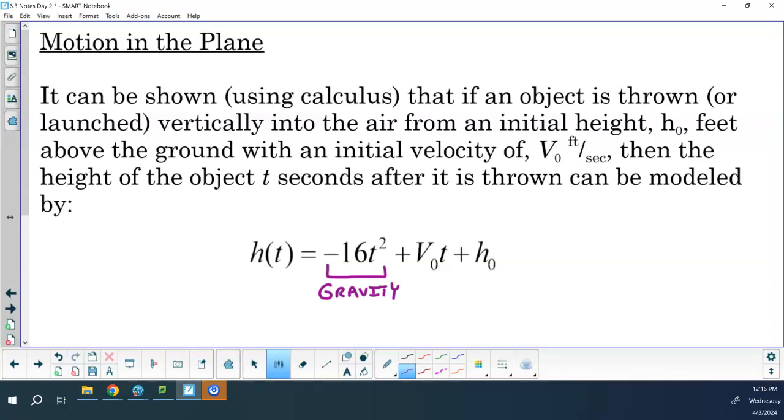What other effects would give me the position or the height of the ball? What else would affect it? How hard I throw it. If I only throw it this much, it's not going to go very high.